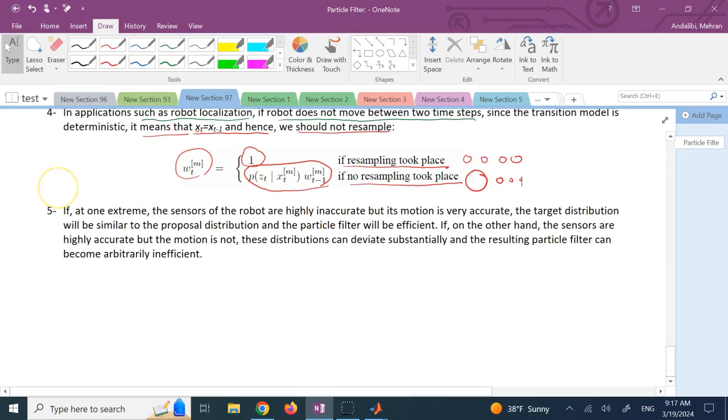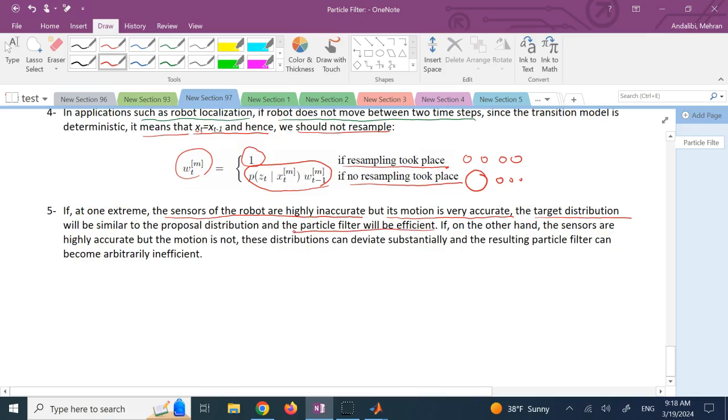Finally, there are two scenarios that we have to talk about. One is, at one extreme, the sensors of the robot are noisy and inaccurate, but your motion model is accurate. In this case, you can still approximate the target distribution and you can still be efficient.